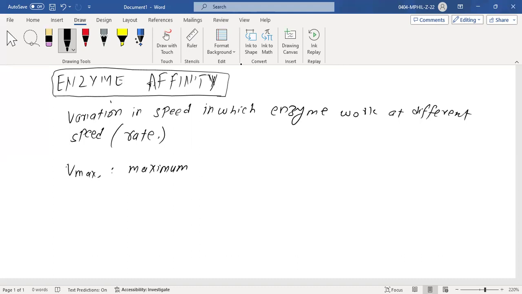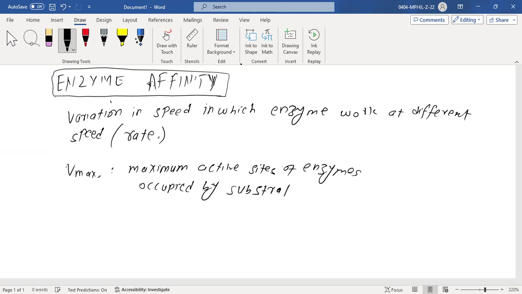It means the maximum number of active sites of enzymes occupied by substrate. This is what we call Vmax, velocity maximum.